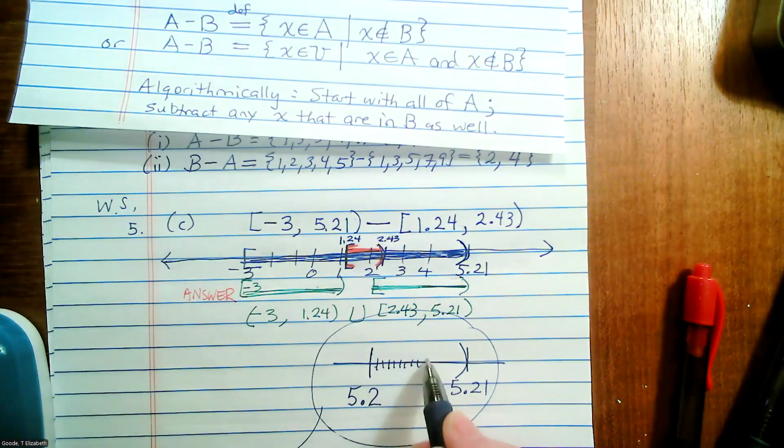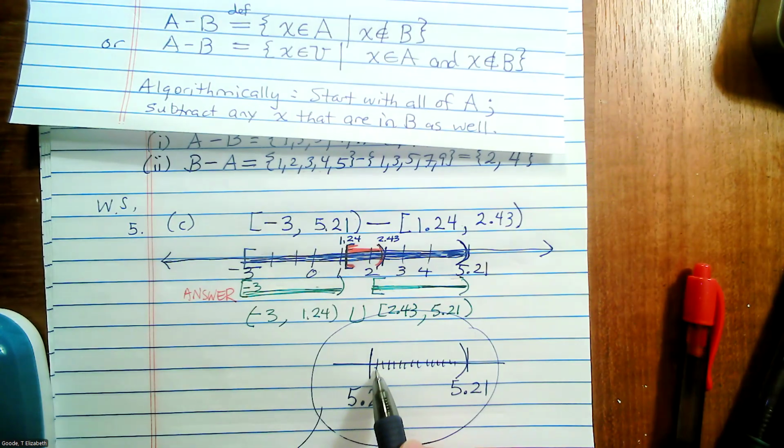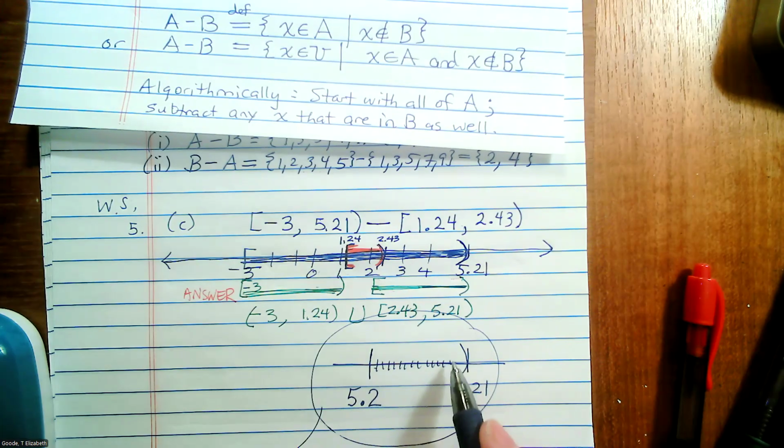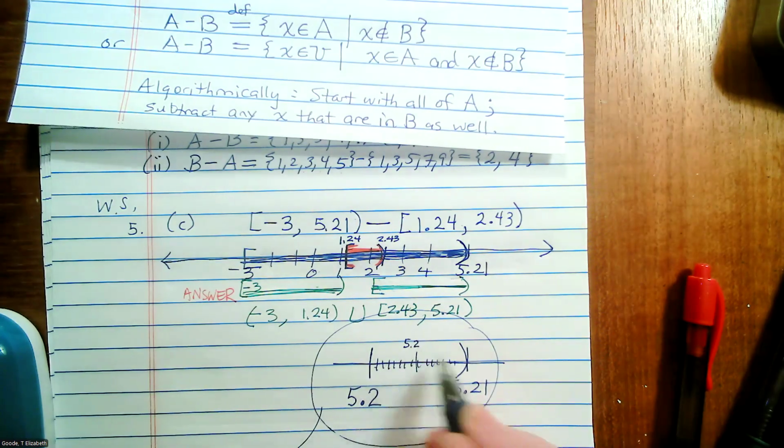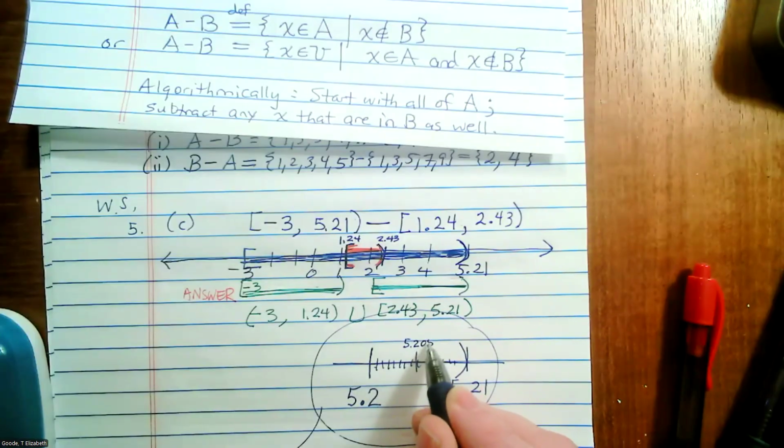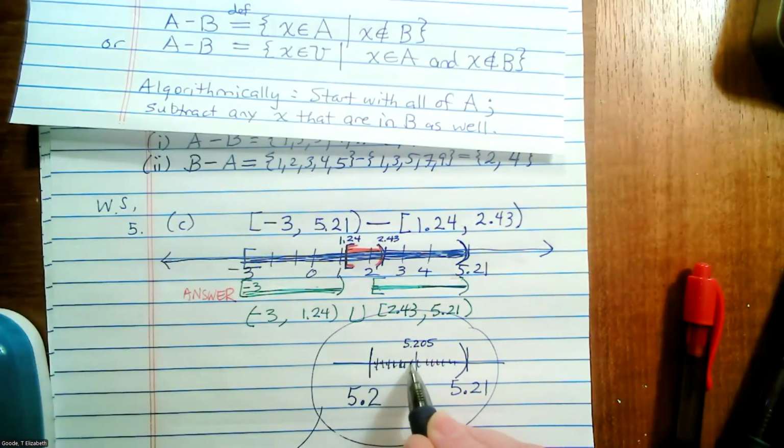All these numbers: 5.20001, 5.2 plus pi over a million, 5.15, excuse me, 5.2105, 5.2 halfway there, 5.205. There's an infinite number of real numbers in here that we are not allowed to throw away.